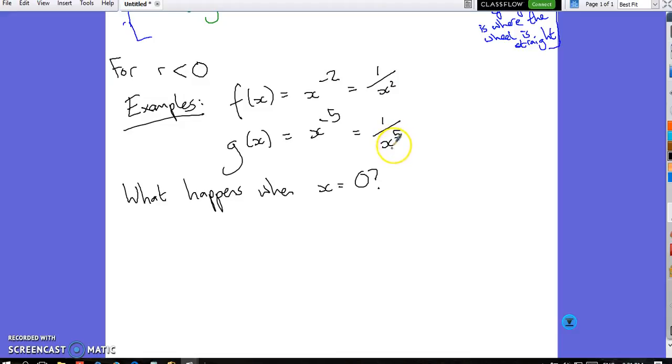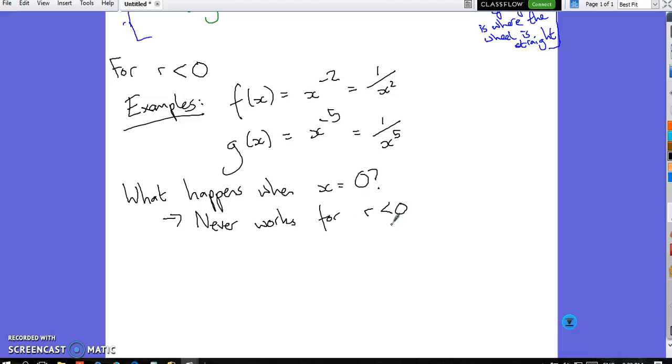Again here, 0 raised to any power is still going to be 0 because you're just multiplying it by 0. So actually, it doesn't work for any of them. So this never works for r being less than 0.